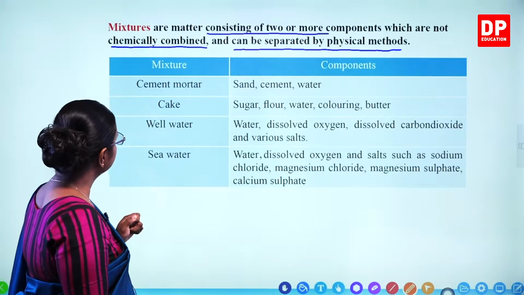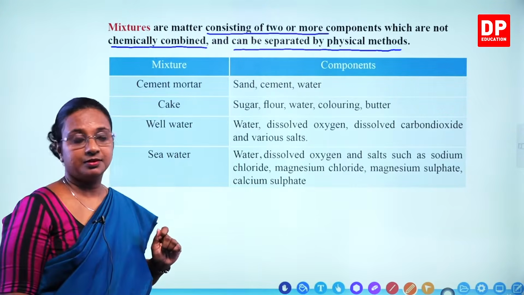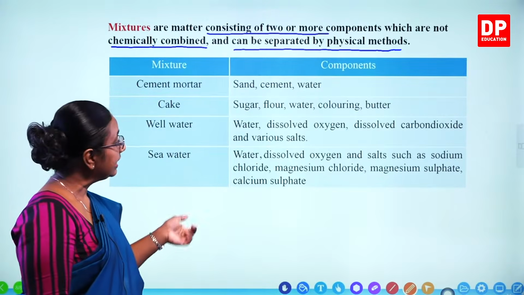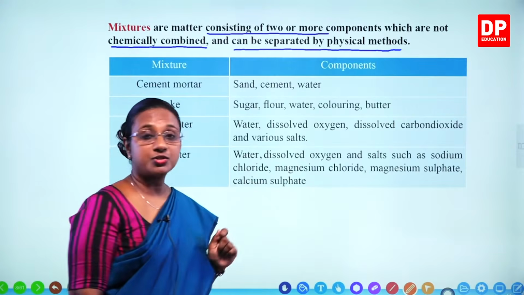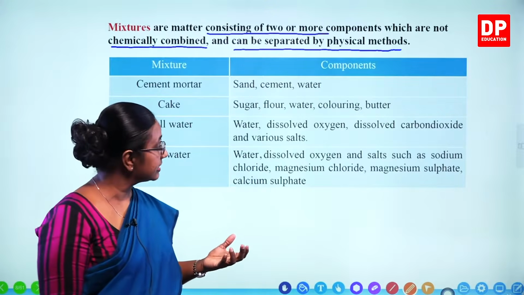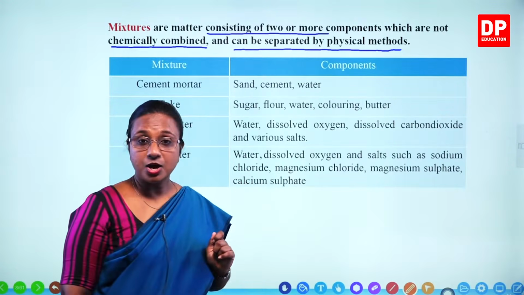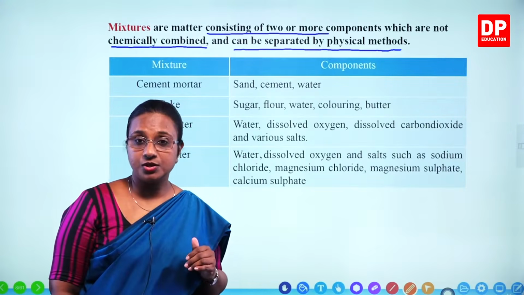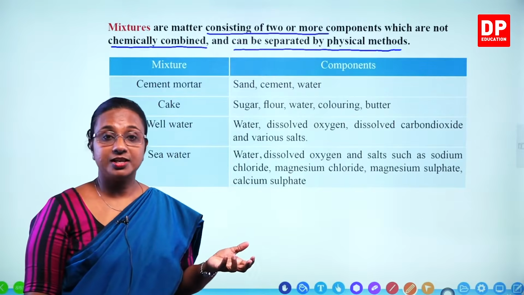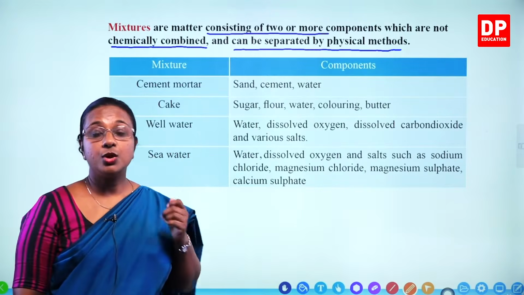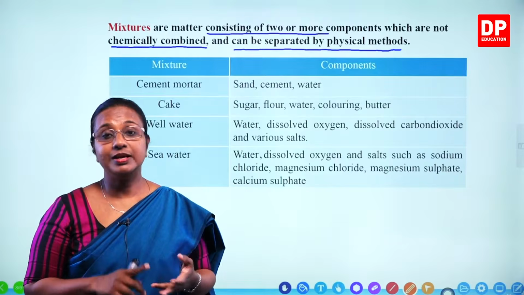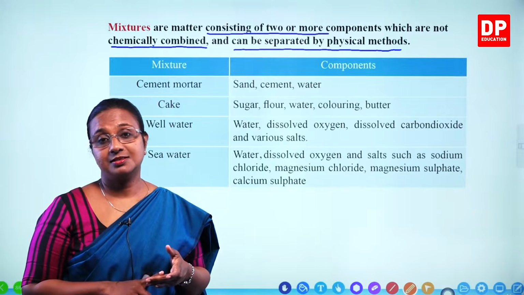The next one, well water. So the main component is water. In that there is dissolved oxygen, so that is a gas, dissolved carbon dioxide, again a gas, and various salts. So those are solid. So here you can see well water is a mixture of solid, liquid and gases.